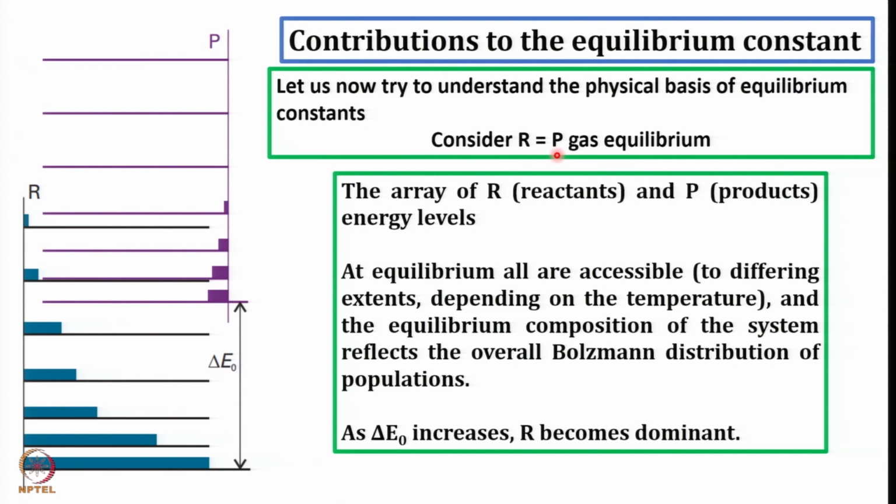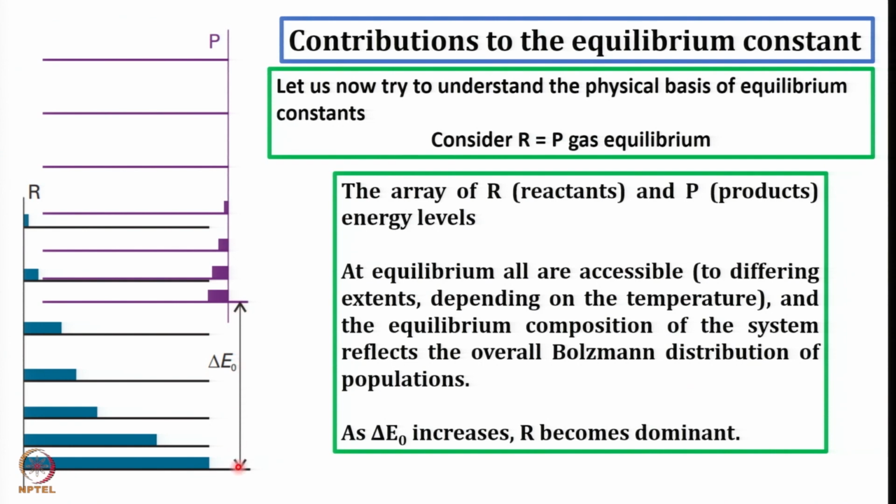And let us try to understand the physical basis of equilibrium constants. Now take a look at this figure. This is an array of energy levels for reactants, and this is an array of energy levels for products. And also note that there is a difference in their 0 point energy levels.